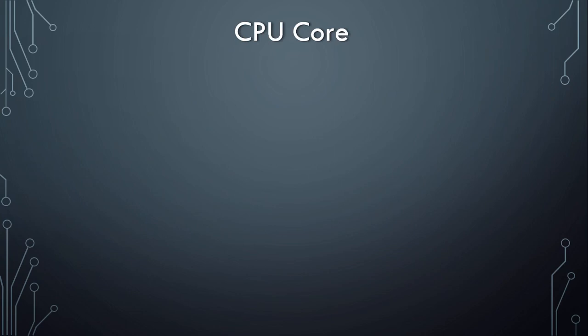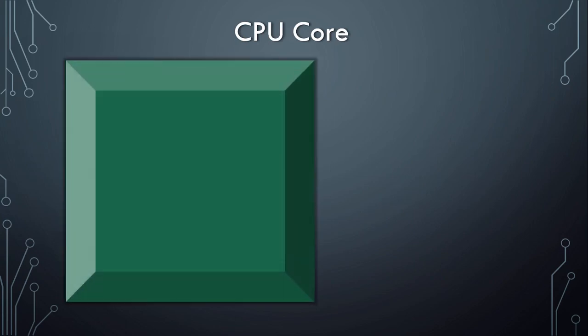So let's discuss about CPU core. So what is a CPU core? For understanding this, let's discuss about kinds of processors. We actually have two kinds of processor, that is a single core processor or a multi-core processor. Originally CPUs had a single core.